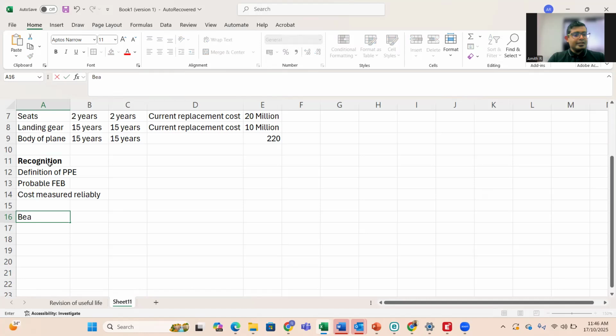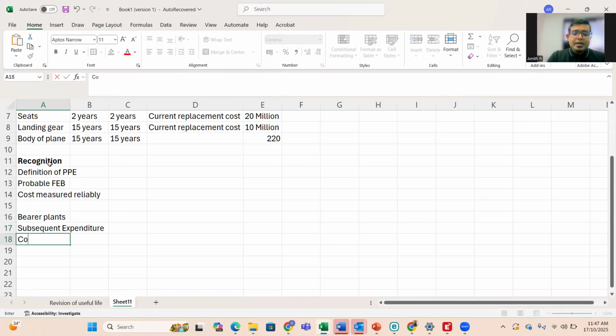They have clearly given where bearer plants should be recorded or not. Then, subsequent expenditure. When do you account for subsequent expenditure on the asset? When it actually gives you a future economic benefit.